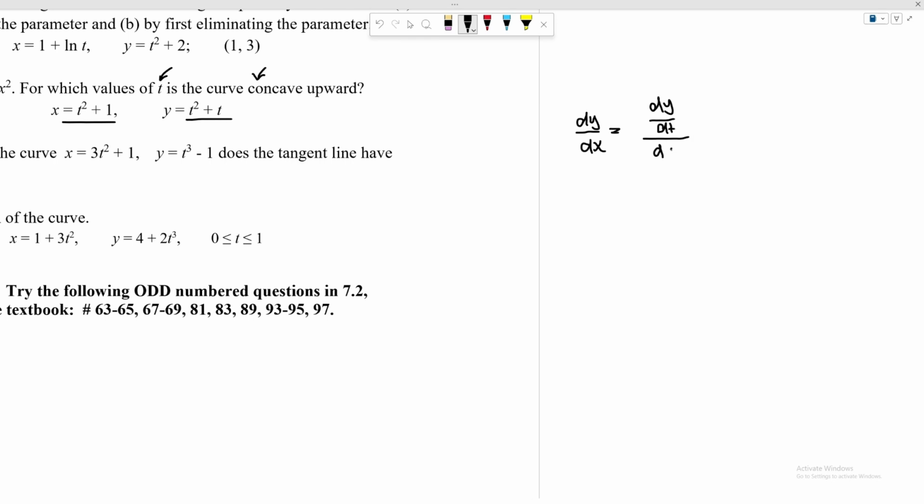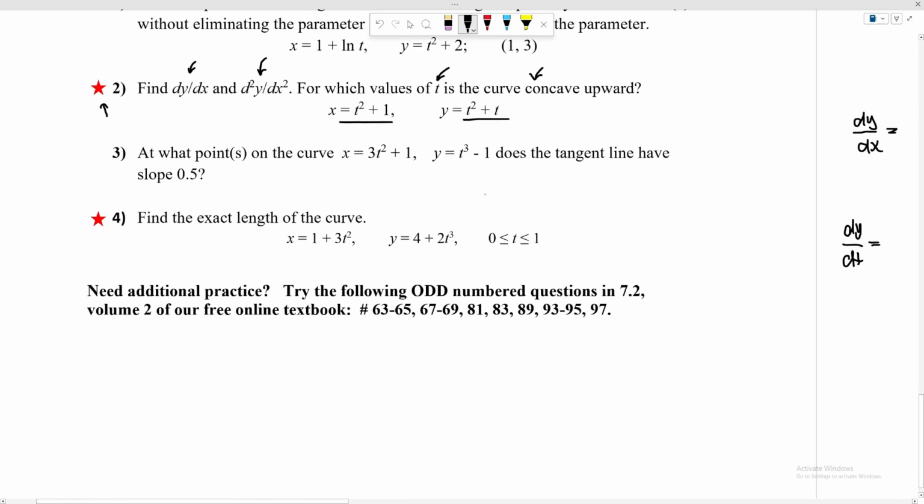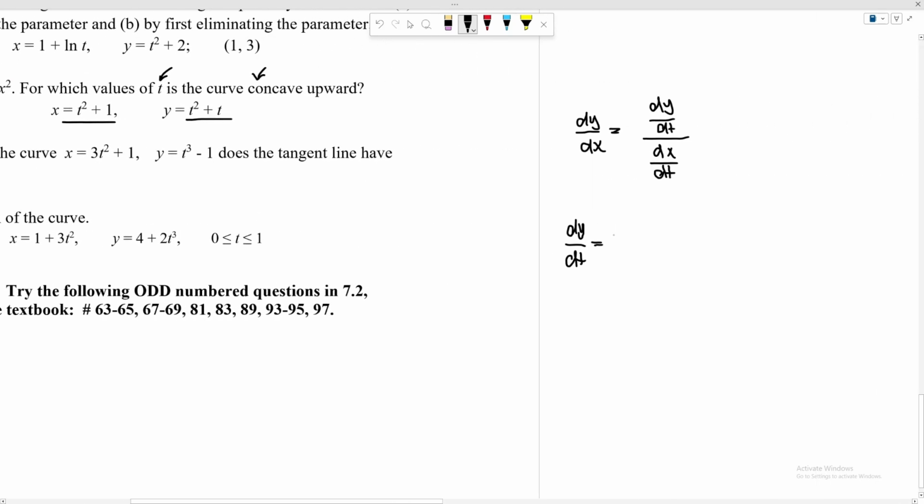You do have to memorize this equation. It's not given. So my dy over dt is 3t squared, and my dx over dt gives me 6t. My plus 1 and minus 1 go to 0 when you derive.